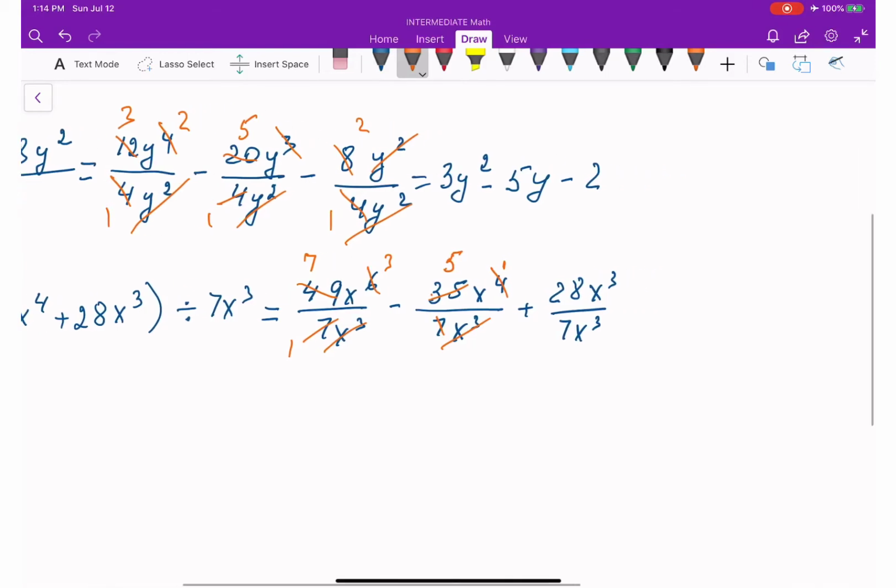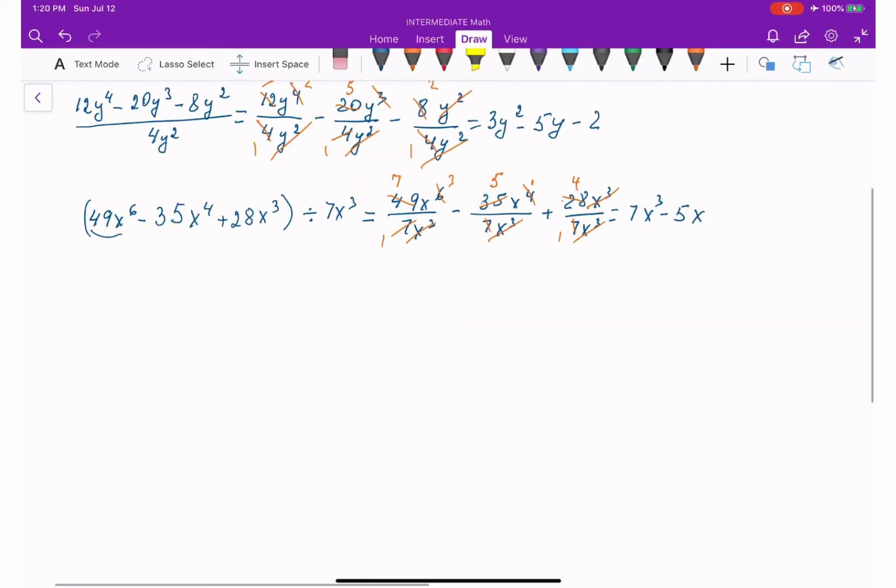And 28x cubed over 7x cubed. X cubed is gone with this x cubed. And 7 is gone with 28. That will be 4. Okay, let's see what we have left. 7x cubed minus 5x and plus 4.